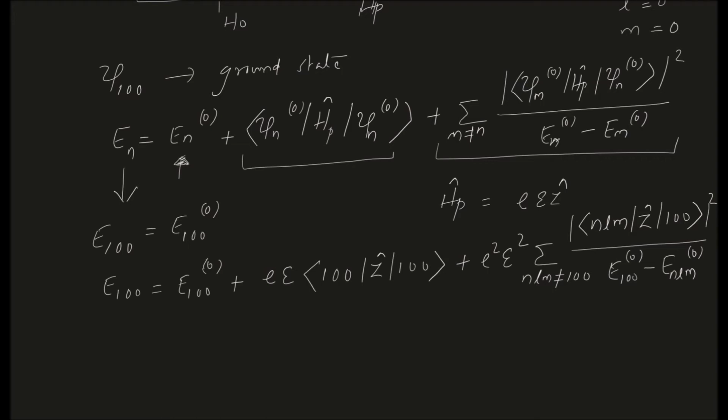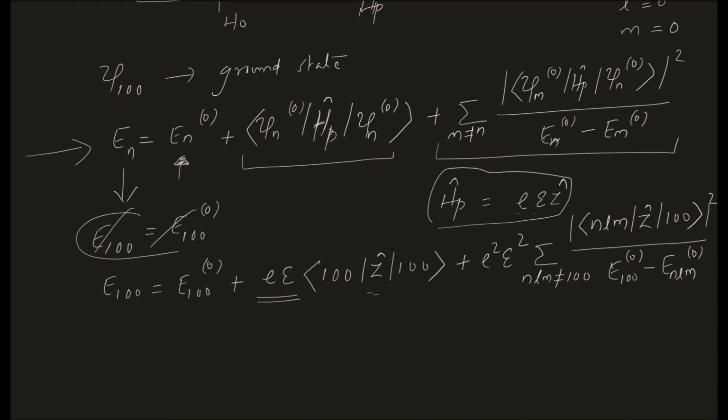So this is exactly the same as the earlier expression. The only thing is that we have made some substitution: the perturbed Hamiltonian is given by this expression. So wherever you have HP, we have to write eE into Z. That is what we have written here, eE into Z. These have been taken outside the integral because these are scalar quantities.